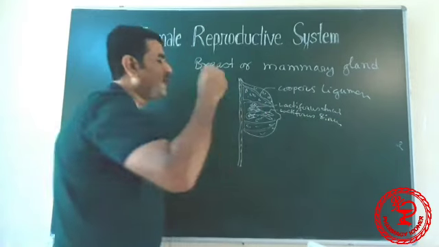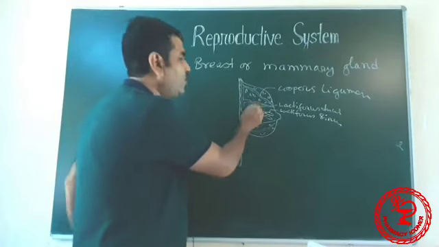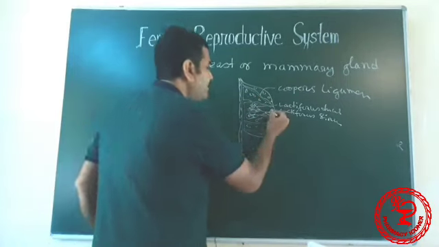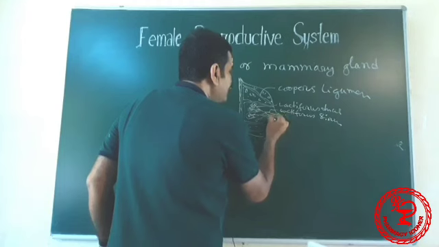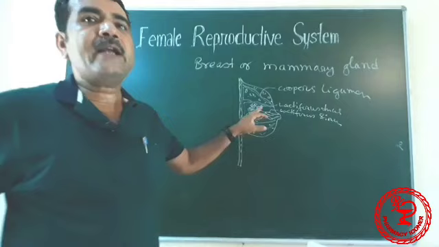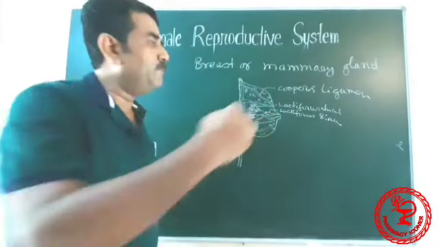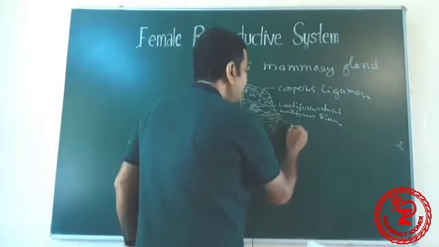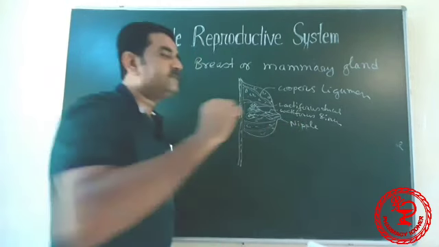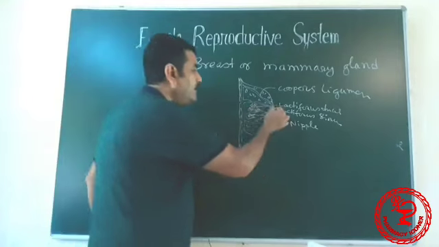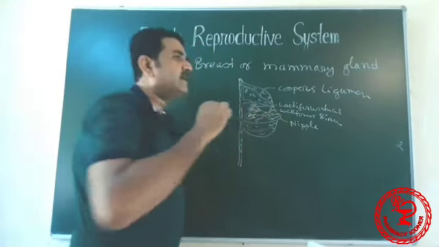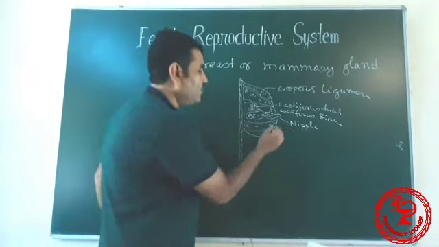This is for storage of milk. These lobules produce milk after the delivery of the baby. Several ducts come out into a conical prominence called the nipple. This nipple is surrounded by a deeply pigmented area called the areola.